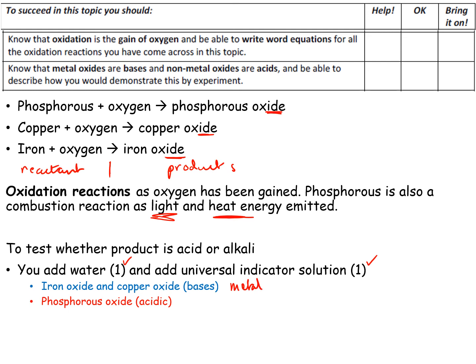So metal oxides are bases, and non-metal oxides are acidic normally. So phosphorus oxide, if you dissolve it in water, it's acidic. Carbon dioxide, if you dissolve it in water, becomes carbonic acid and becomes acidic. Or sulfur oxide or sulfur dioxide, dissolve it in water, becomes sulfurous acid.